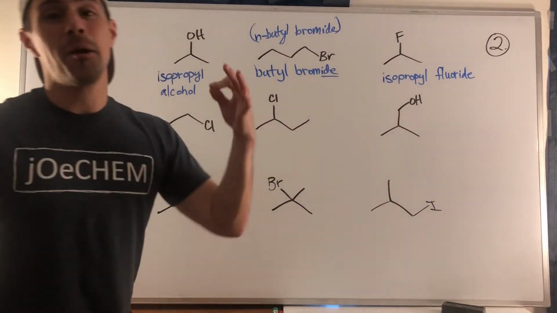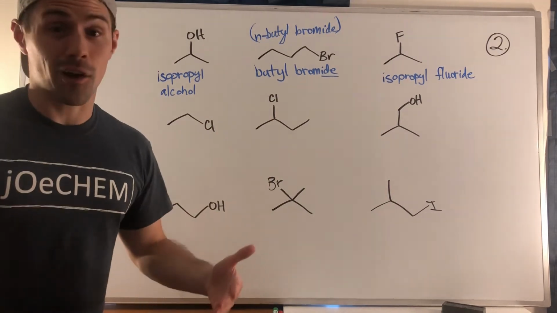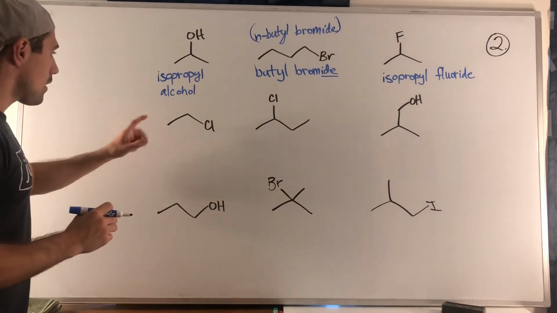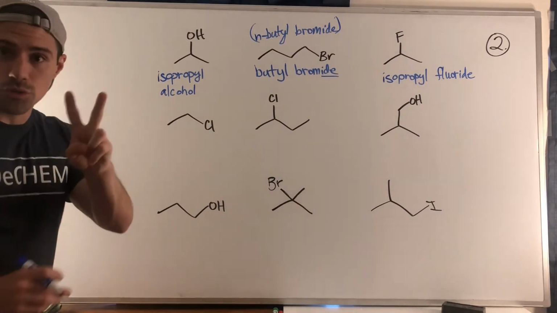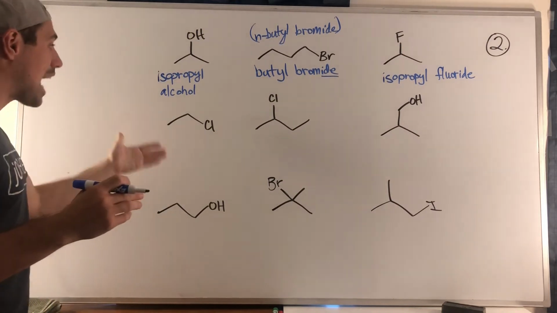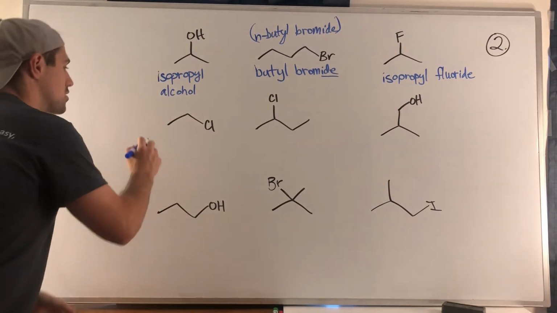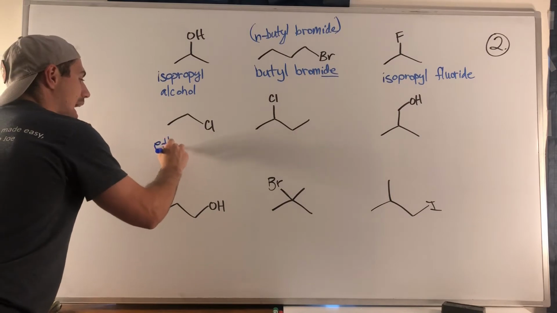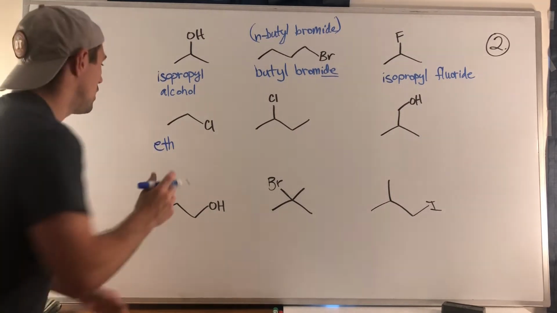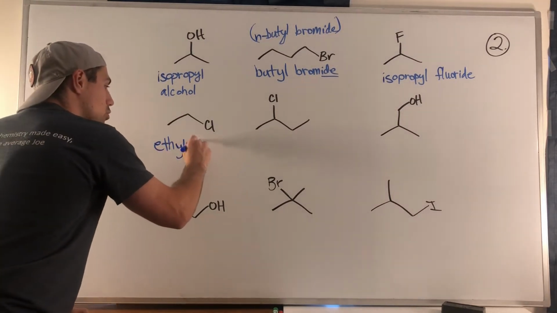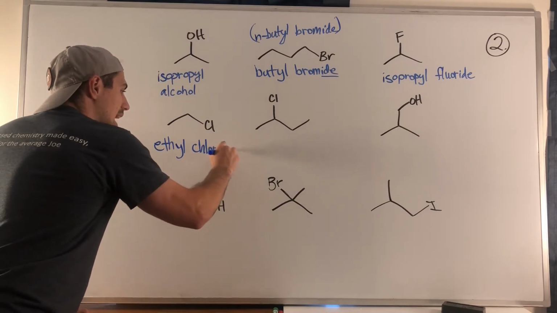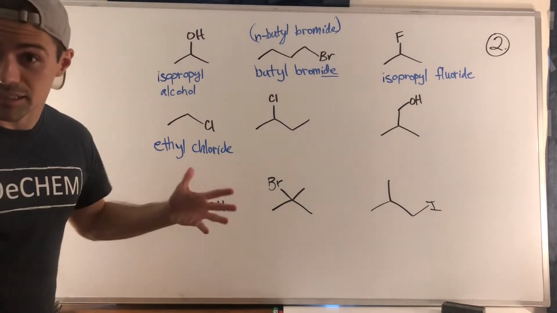Was super annoying, but wasn't my call. Moving on. So down here, 1, 2. So 2 carbons. There's only one way to attach something with 2 carbons. So this is going to be, right, it's an ethane derivative. So ethyl and then chloride. Remember that IDE ending for the halogens, for the halides, if you will.